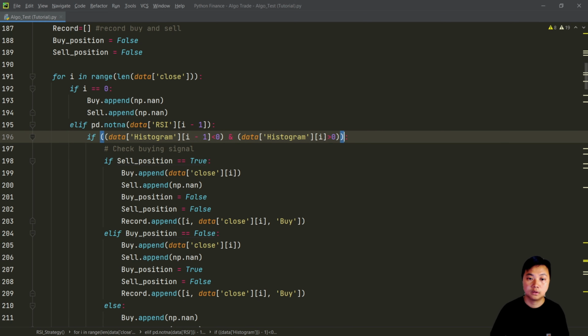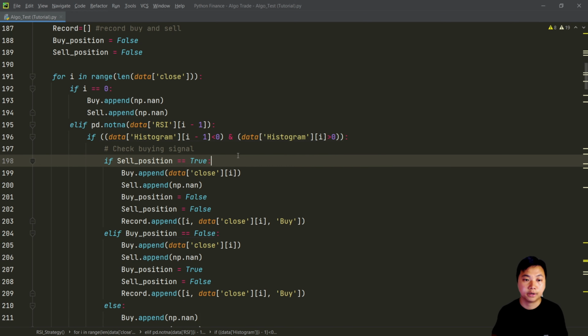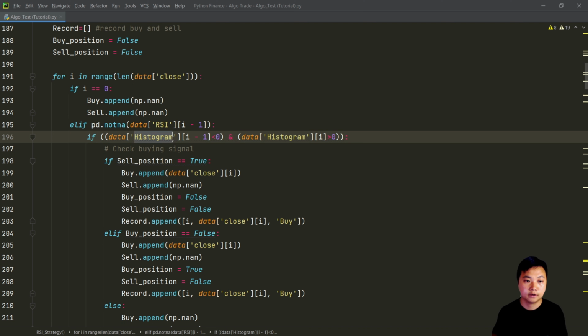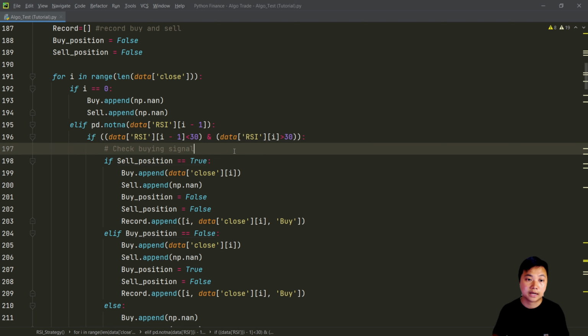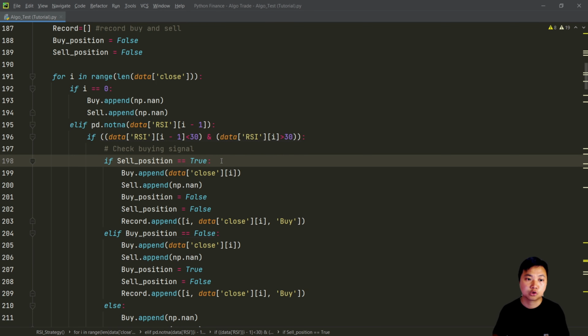The first logic that I would like to have is that the previous RSI value is less than 30, and the current RSI value is larger than 30, and that is a buying signal. And again, just like what we did in the MACD trading strategies, we will check whether or not we have a sell position.